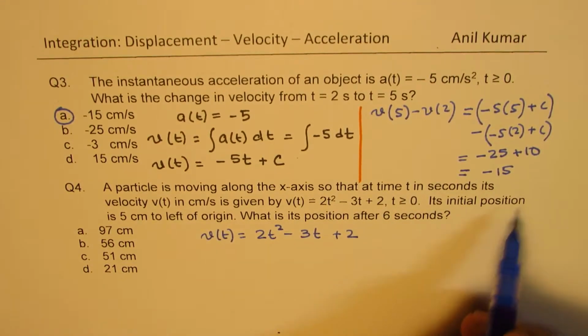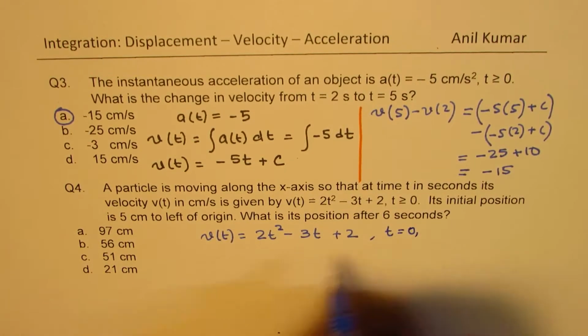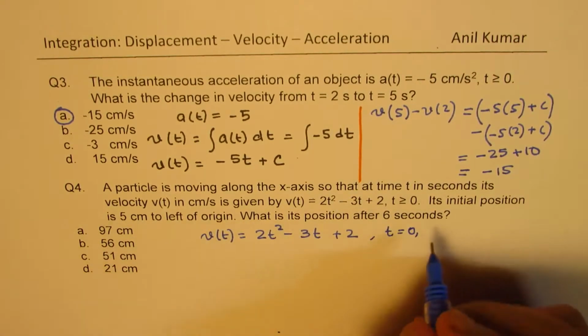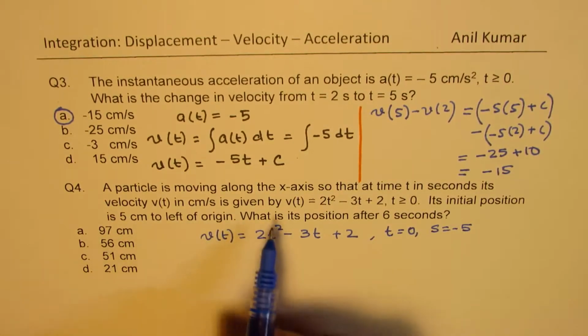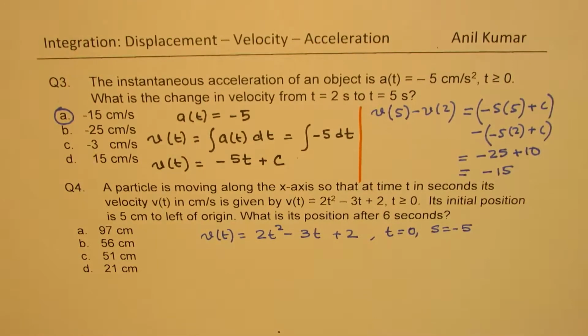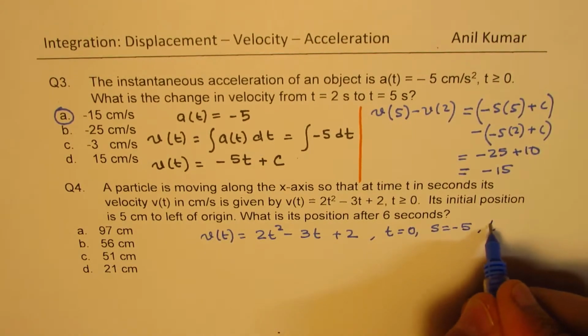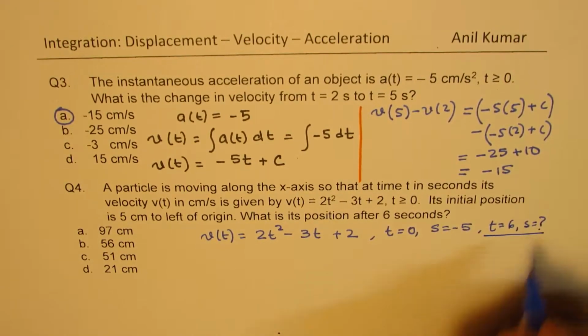Its initial position at t equals 0 is s equals minus 5, left of origin. What is the position after 6 seconds? So we need to find, at t equals 6, what is s. That is what we need to figure out.